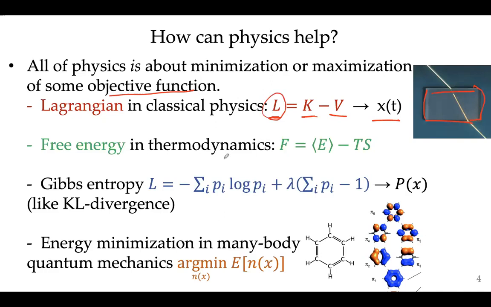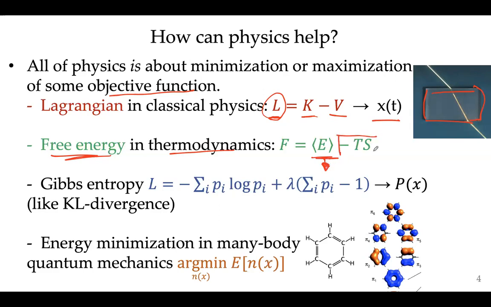So what do we minimize in thermodynamics? Well, it is the free energy. In thermodynamics, when free energy is at a minimum, the system is in thermal equilibrium. You can think of a gas in a room. There's going to be some energy term, and basically you try to minimize the energy.